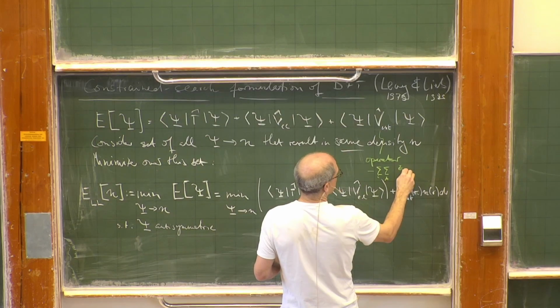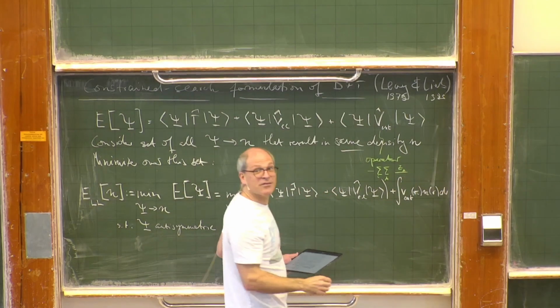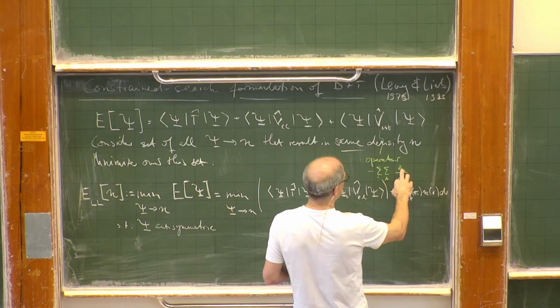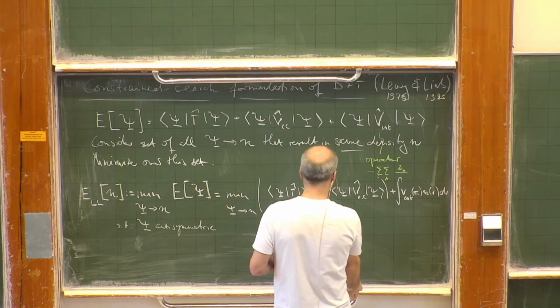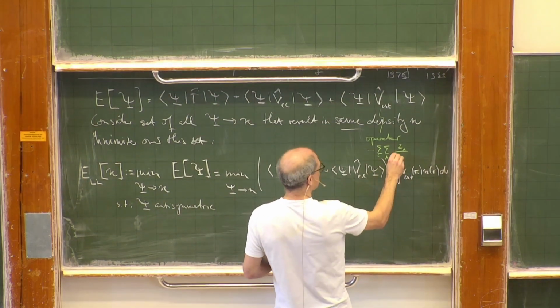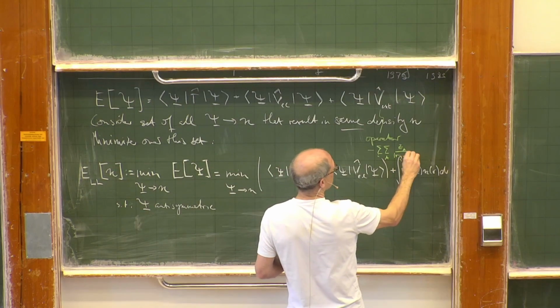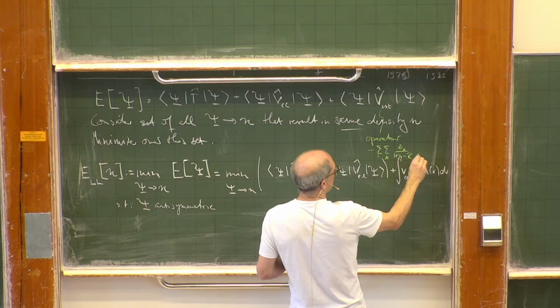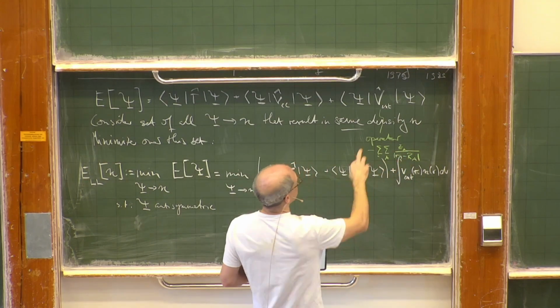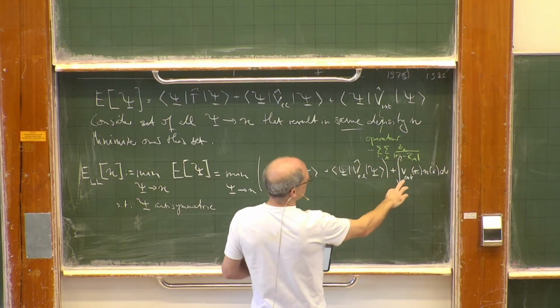And then we have the charge of the nuclei. Sorry, for people in the back, it's very small. We have the charge of the nuclei, capital Z_A, and we have in the denominator the distance between any electron and any nuclei. Yeah?